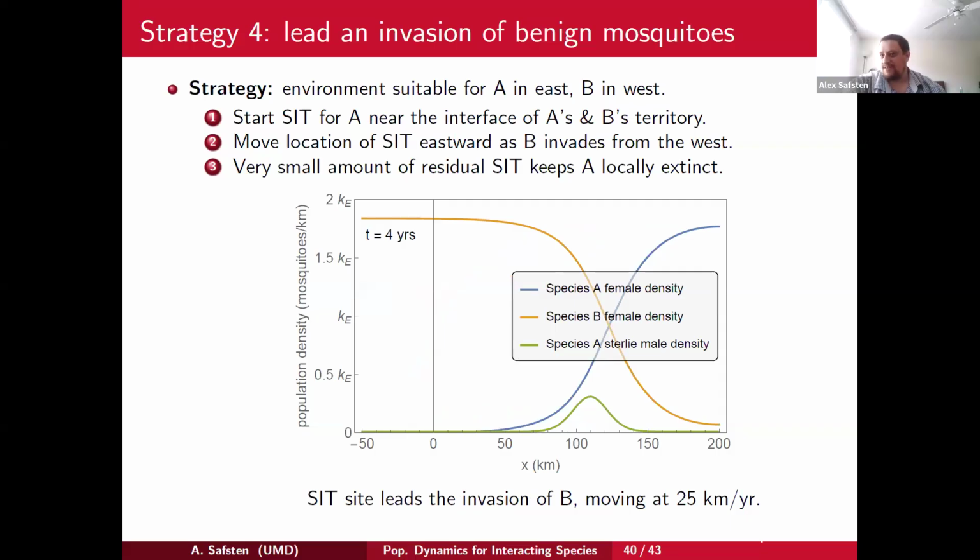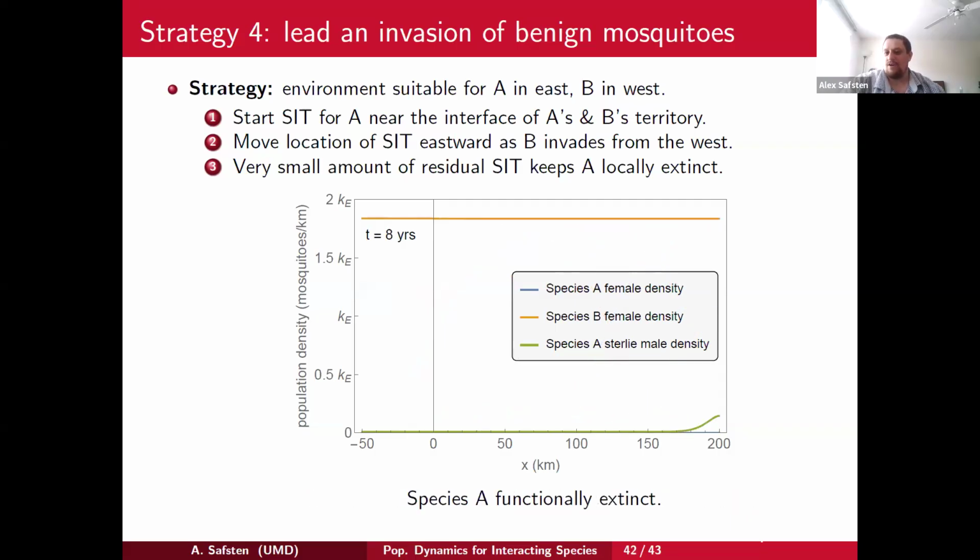I don't have to do SIT over the entire spatial landscape. Only at the interface will do, and allow me to lead the invasion. And after 8 years, species B has replaced species A over this entire 200-kilometer territory.